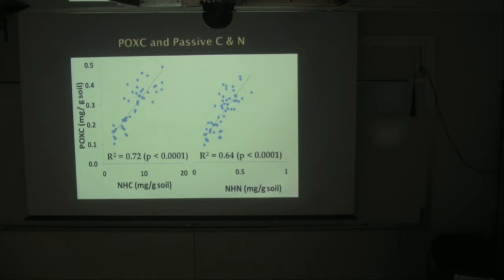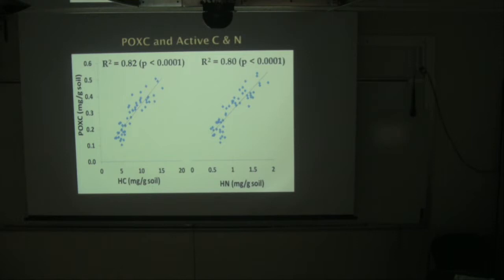And then again, the relationship between POC and the non-hydrolyzable fraction of carbon and nitrogen, which, as you recall, represents the more recalcitrant pool, the passive carbon and nitrogen pool, also exhibiting a fairly strong relationship. And again, POC with the hydrolyzable fraction of carbon and nitrogen, also exhibiting a strong relationship, indicating that it's providing similar information.